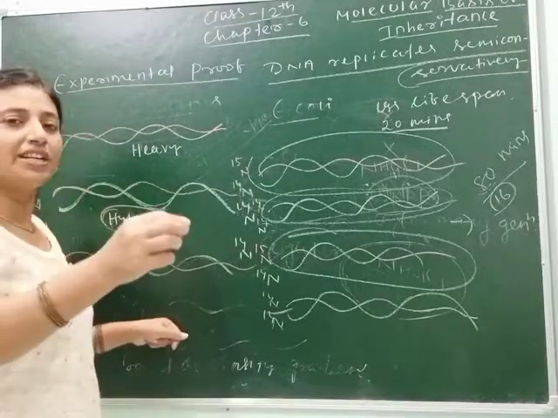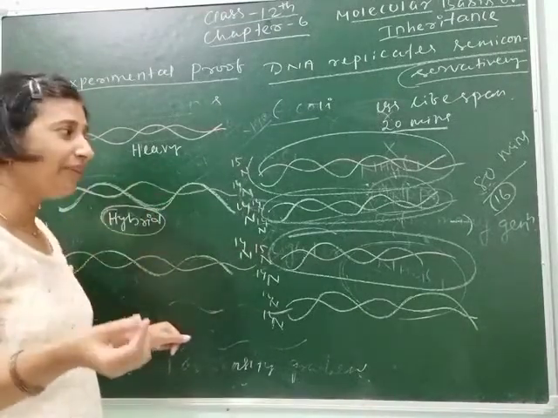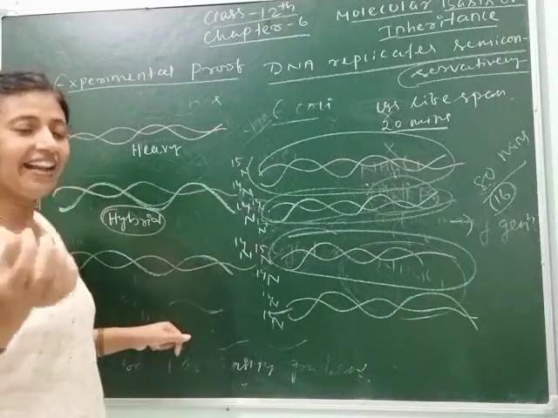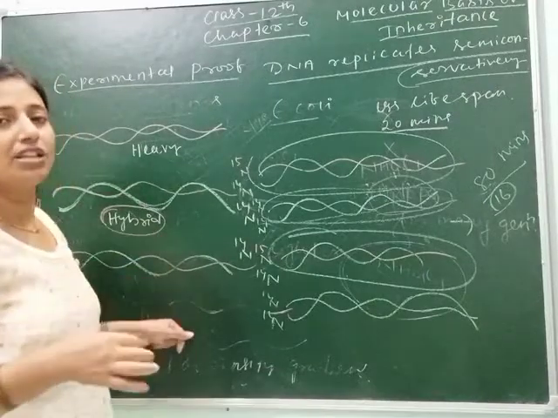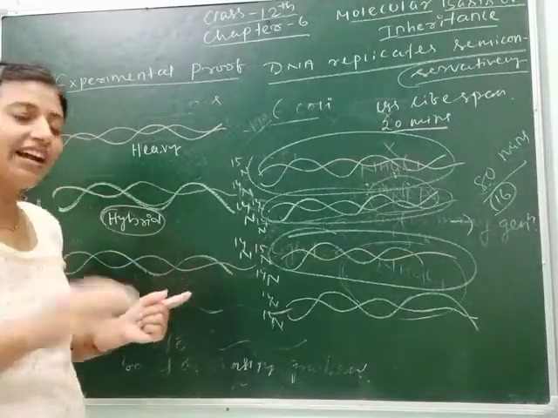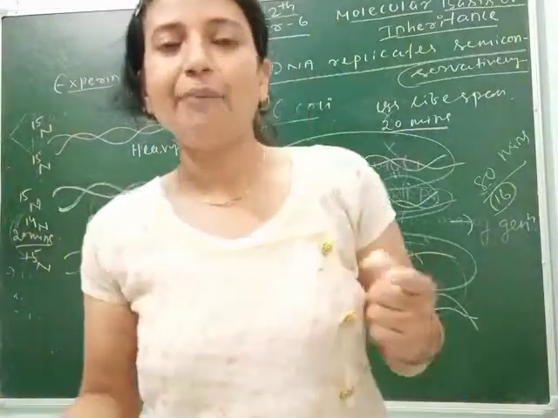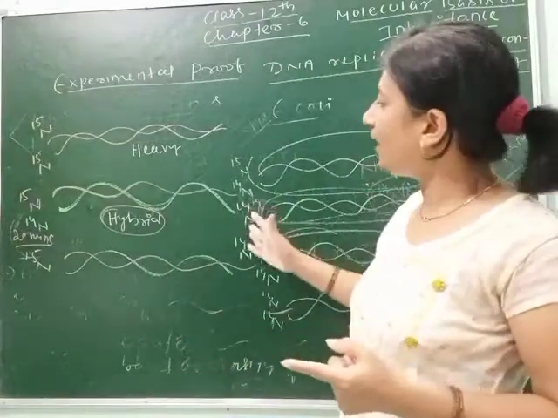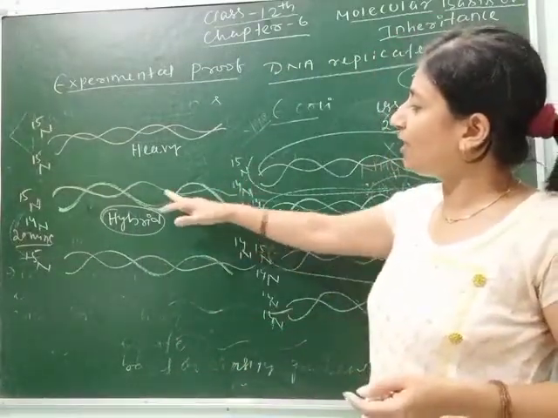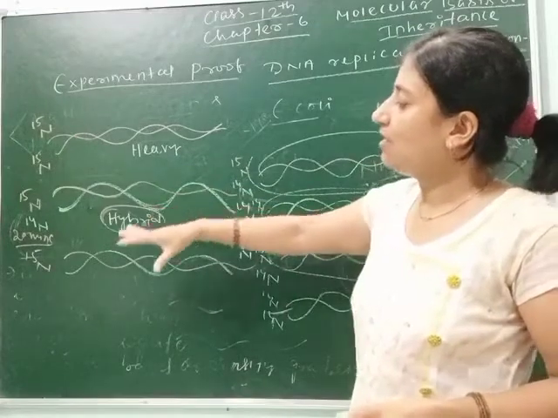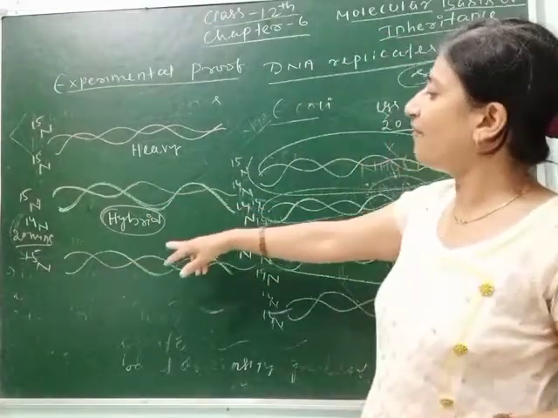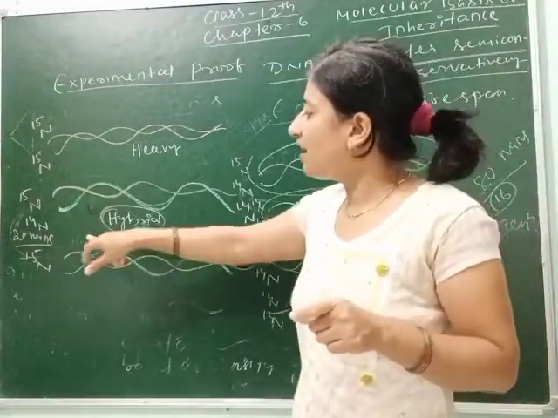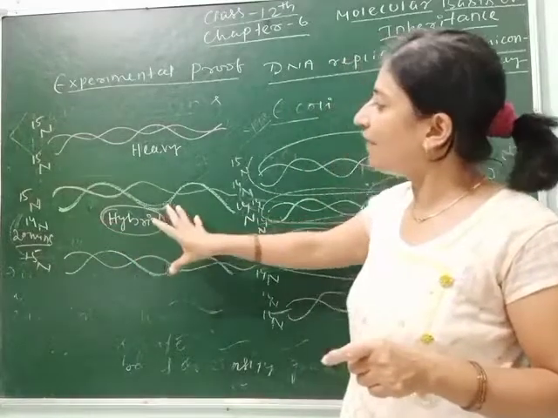Nitrogen 15 incorporates into E. coli, and inside E. coli after 20 minutes it forms its replica, and that is put into the cesium chloride solution which separates it, and after this it is again put in the ammonium chloride solution which contains normal nitrogen 14, and when they get separated from each other, normal nitrogen 14 binds with heavy nitrogen 15 and forms the hybrid variety.